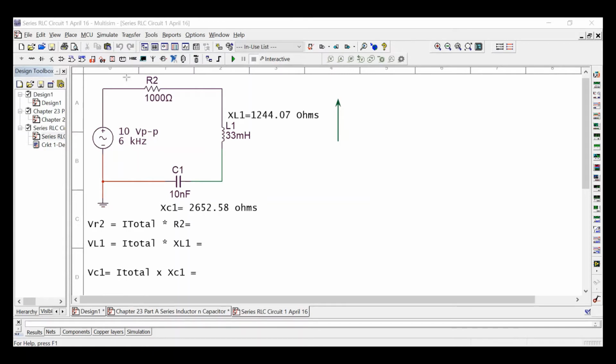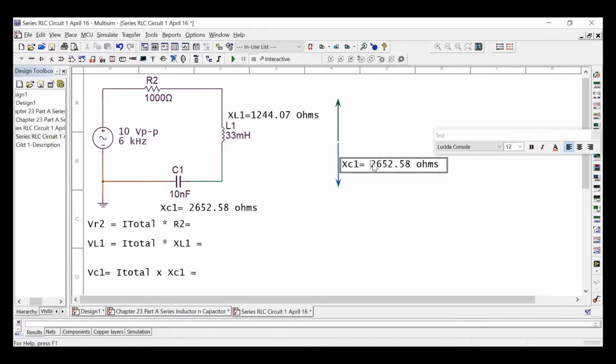And then, which way does the X of C point? Down. Down, yes. Okay, so we have one pointing up and one pointing down. I'm going to copy these guys, Control C, Control E. It's going to move things over.